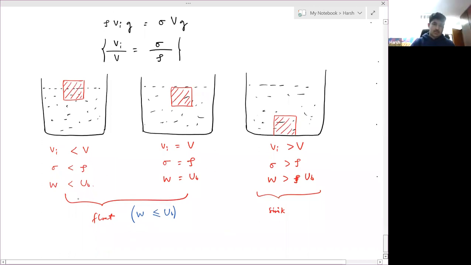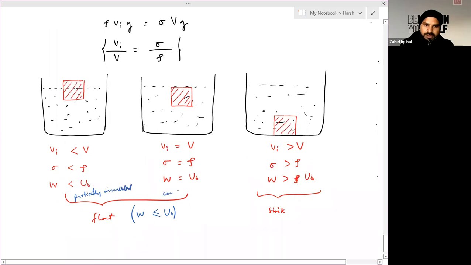Yes, sir. In the first part, it is floating partially immersed. In the second part, it is floating completely immersed. Okay, just write it down.